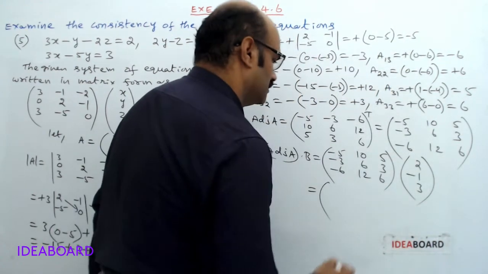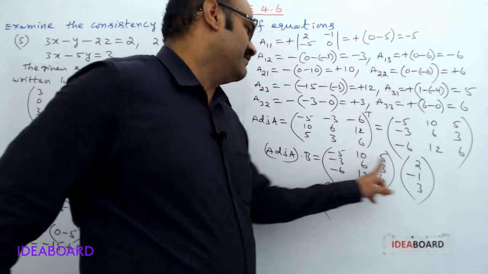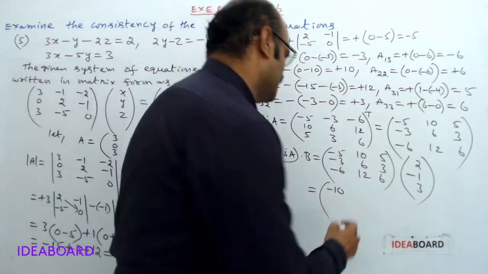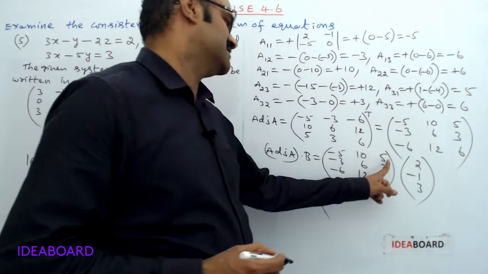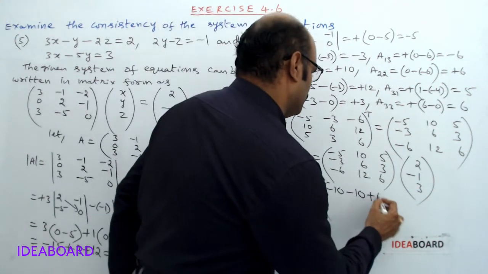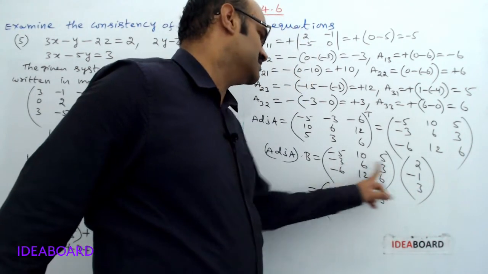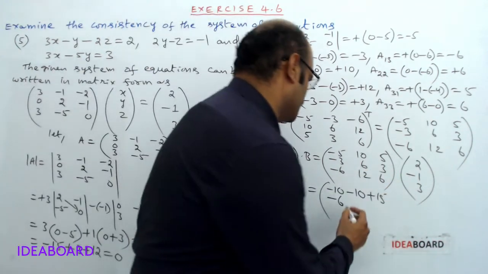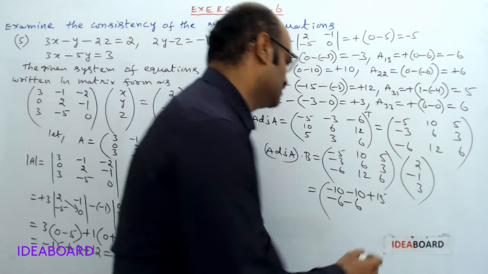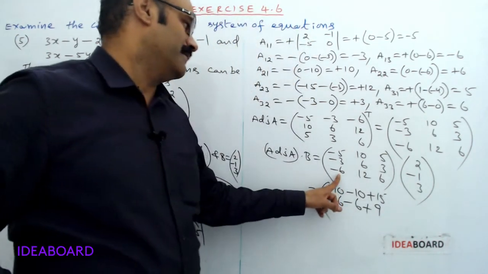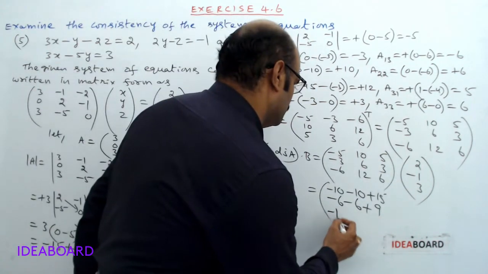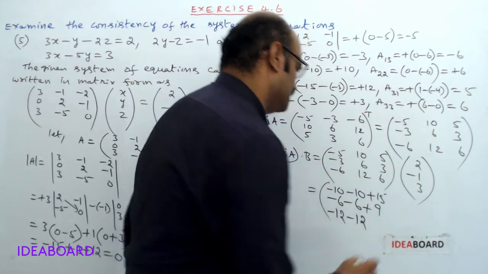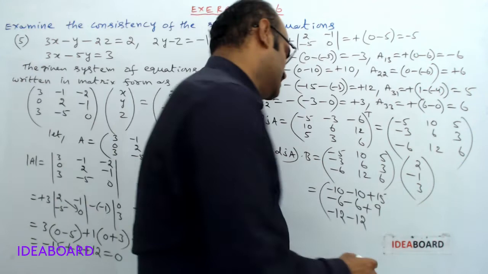Equal to minus 5 into 2 is minus 10, 10 into minus 1 is minus 10, plus 5 into 3 is 15, minus 3 into 2 is minus 6, 6 into minus 1 is minus 6, 3 into 3 is 9, minus 6 into 2 is minus 12, 12 into minus 1 is minus 12, 6 into 3 is 18.